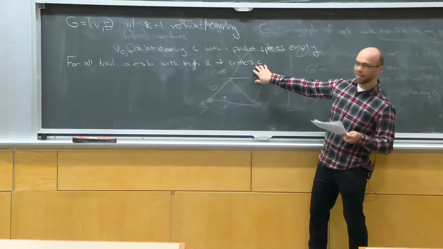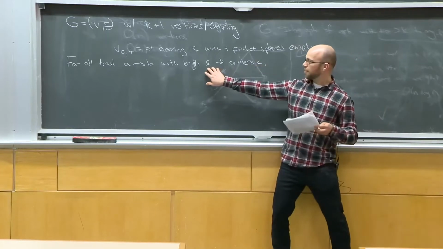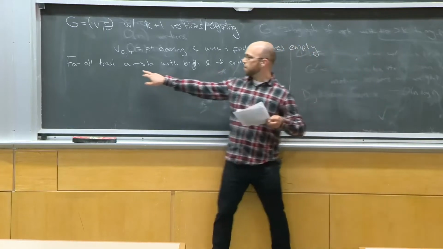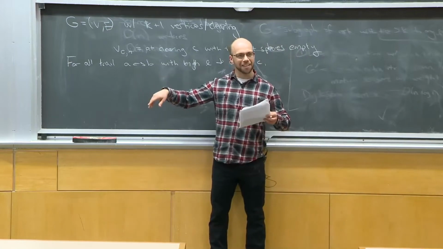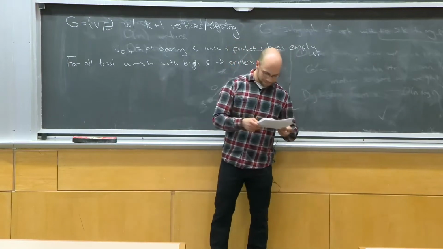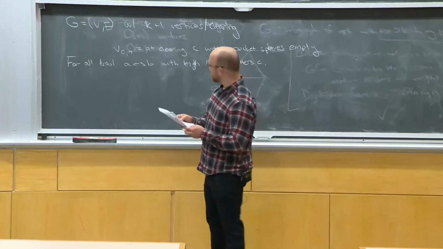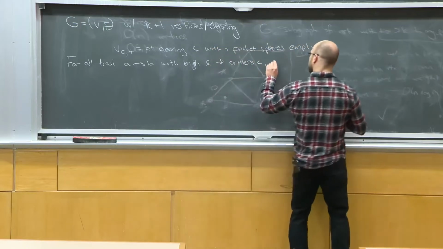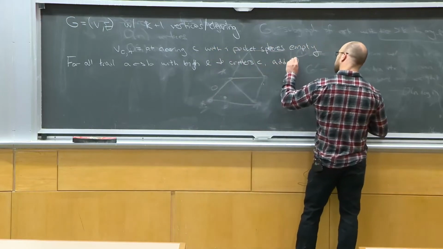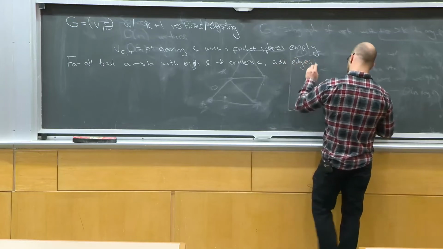So she picks up C critters, she traverses distance L, she gets from A to B or vice versa. And our trails are bidirectional here. We need to define edges. And they look like this.